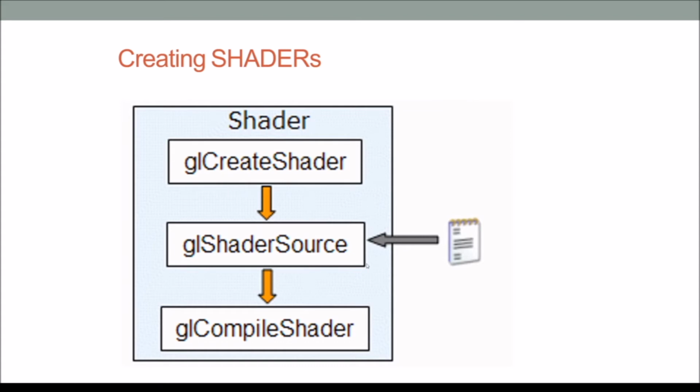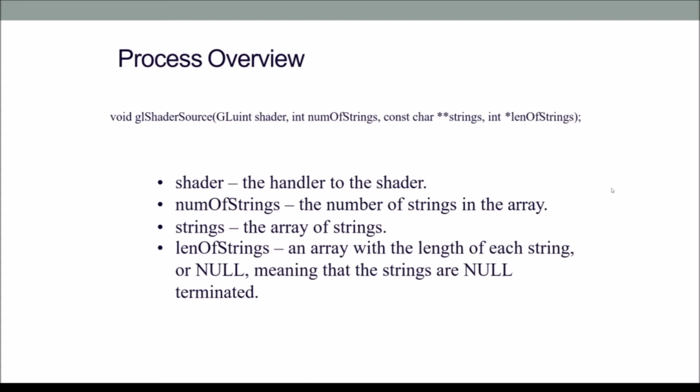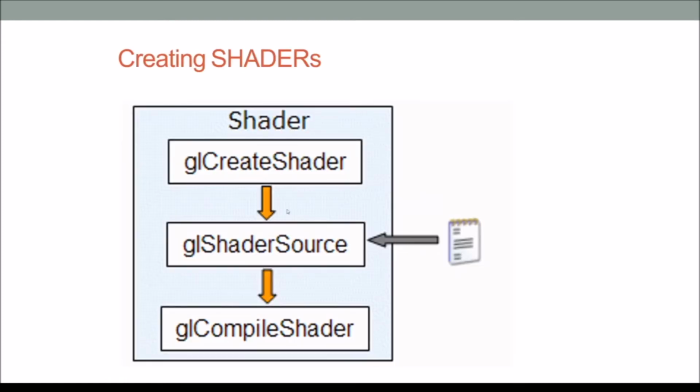So you create a shader, you get the shader source, then you compile the source, and then you create the application out of that, right? You have a handler to the shader. We call create shader to create a handler.